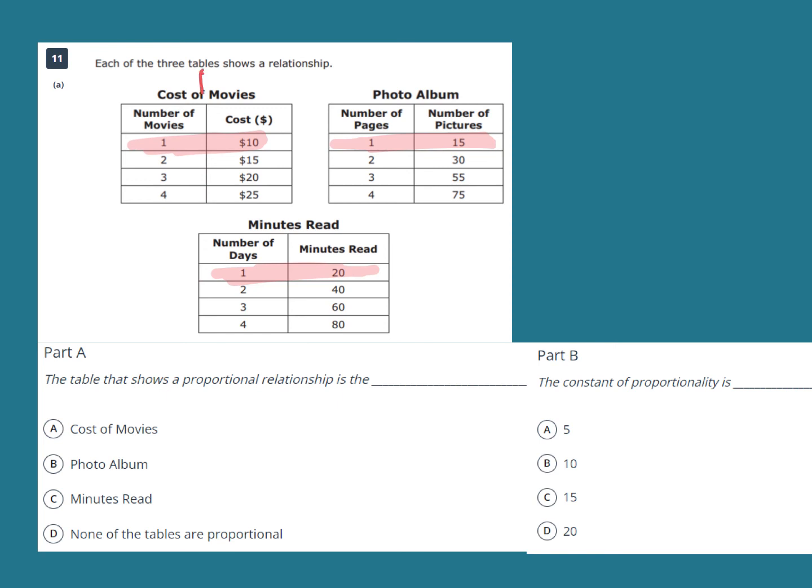So for the cost of movies, K equals 10. For the photo album, K equals 15. And for the minutes read, K equals 20. So in other words, as I go across each one of them, K should give me the answer going across.